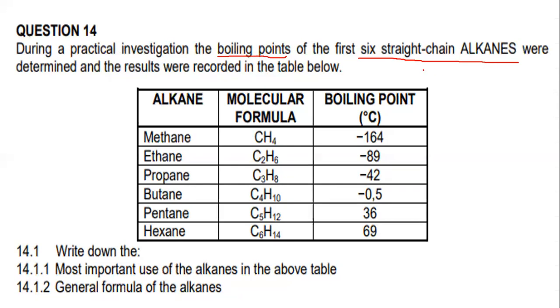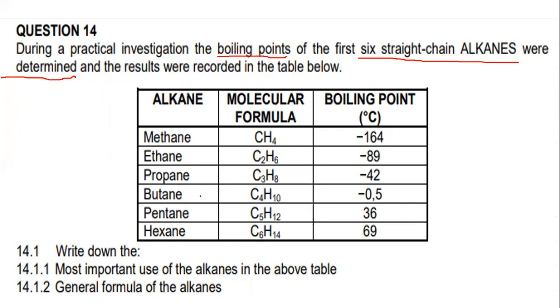That automatically tells me that they are dealing with methane, ethane, propane, butane, pentane, and hexane, because they are straight chains, no substituents. And the boiling points were determined. So these people were actually trying to find out what their boiling points are, and the results were recorded in the table below.